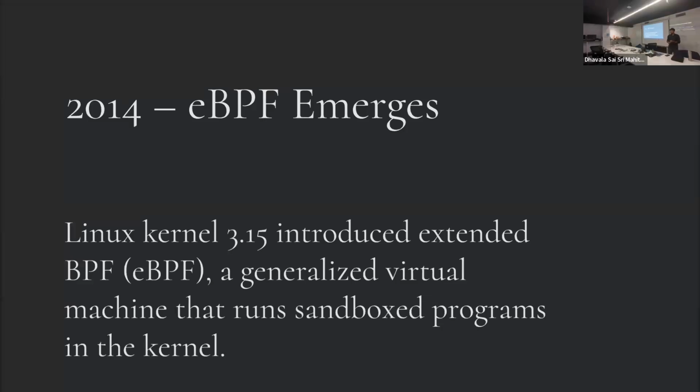We had a verifier, we had a JIT compiler inside the extended Berkeley Packet Filter, which was brought on top of the whole BPF. So this even had a virtual machine, which is why whenever I wrote the code which had an infinite loop, it was not disturbing my kernel. It was just stopping it at the level of that eBPF sandbox.